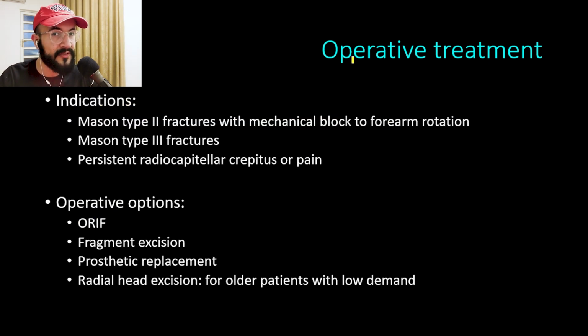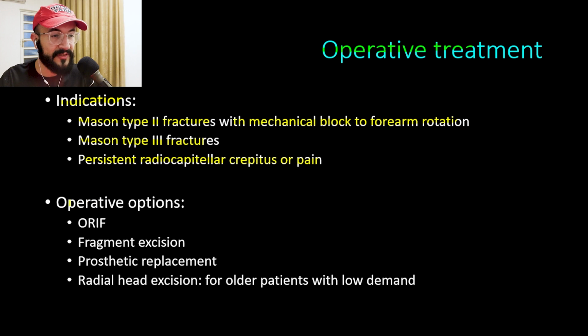Moving on to the operative treatment, the indications include the Mason type 2 fractures with mechanical block to forearm rotation, the Mason type 3 fractures, and when there is persistent radiocapitellar crepitus or pain after non-operative treatment.